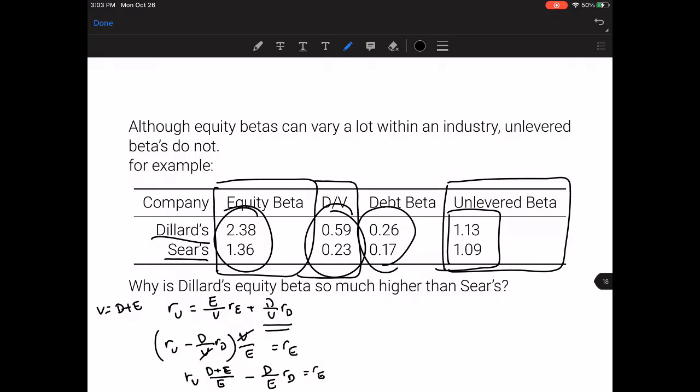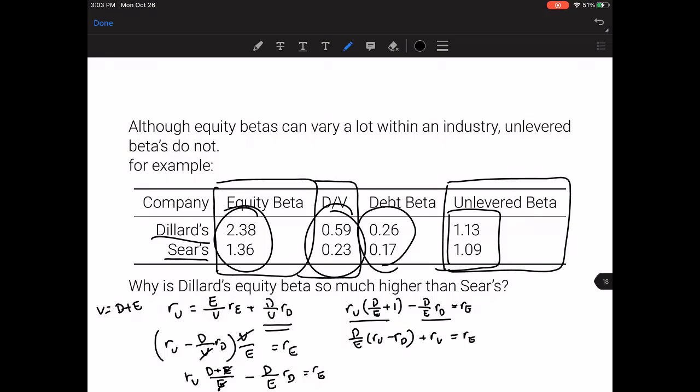And then we can cancel out this term here. So everything's written in terms of the debt to equity ratio. So then RU times (D over E plus 1) minus D over E times RD equals RE. And then we can group together this term and this term so that we get D over E times (RU minus RD) plus RU equals RE.